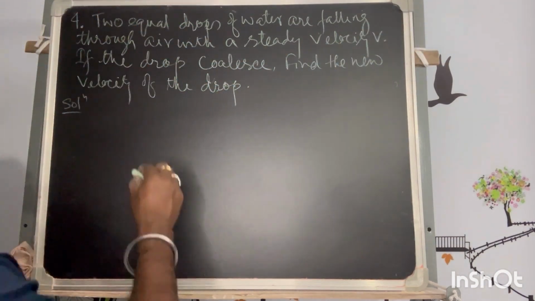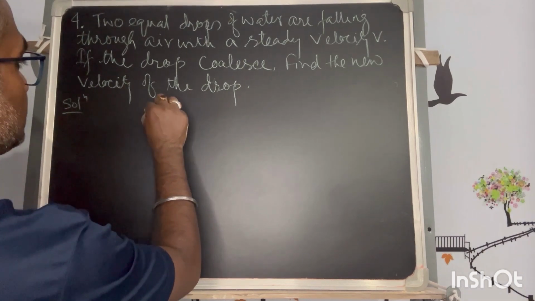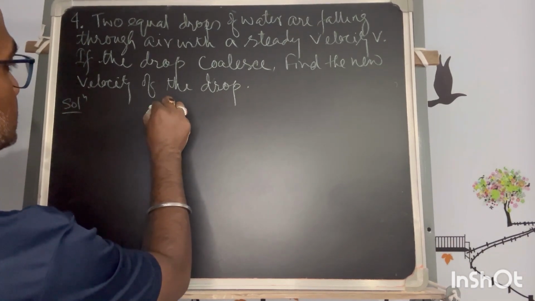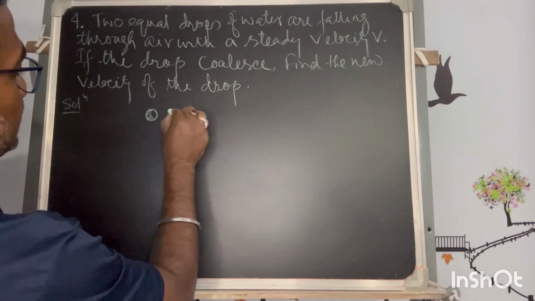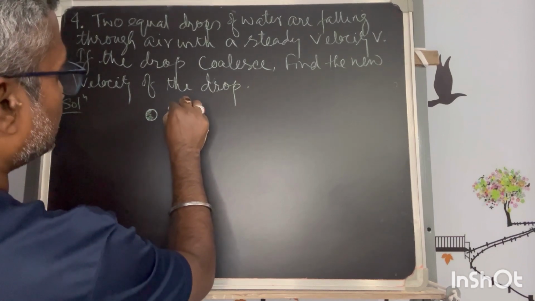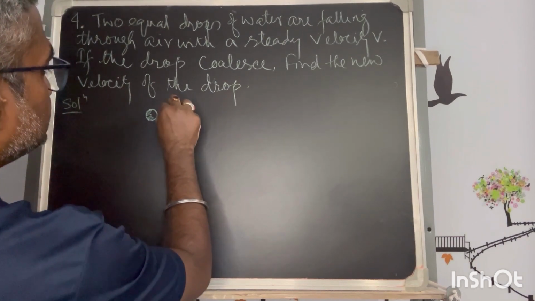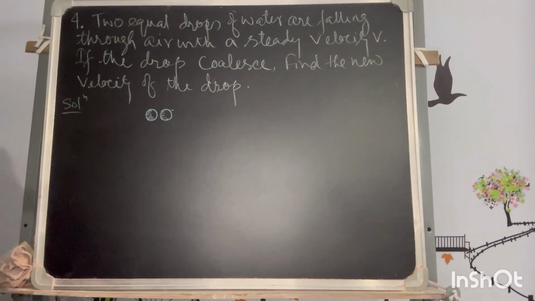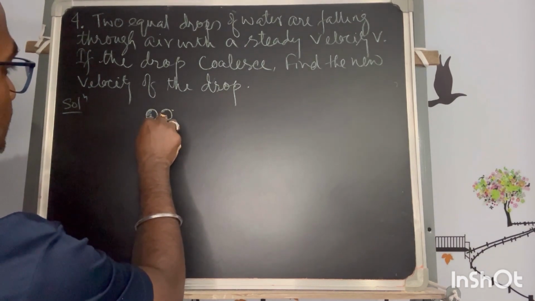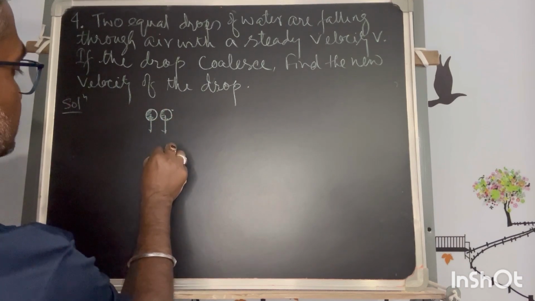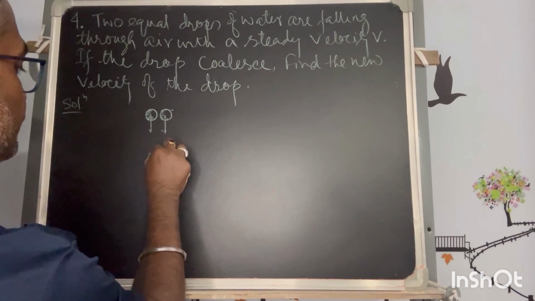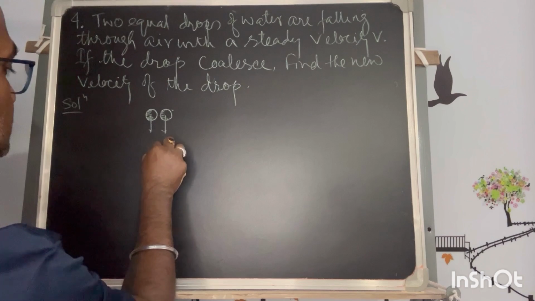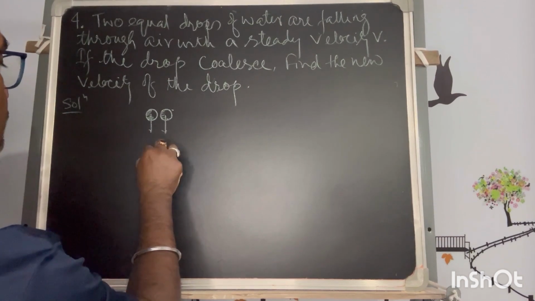So two drops of equal size, let's say water drops, are moving very close to each other. After they fall together for some time, they coalesce to form a bigger drop.